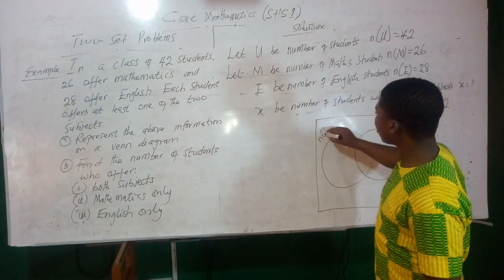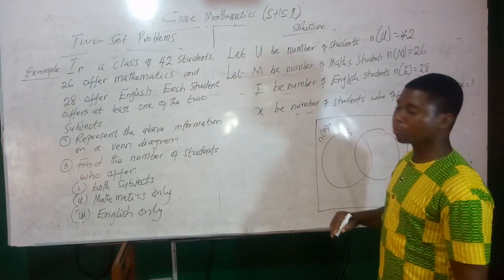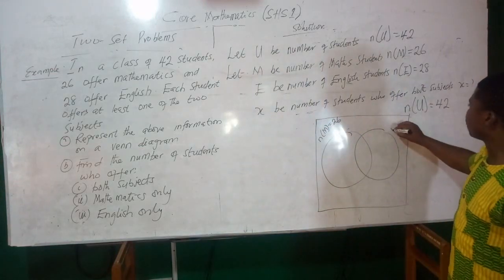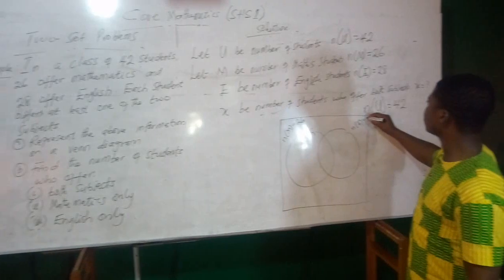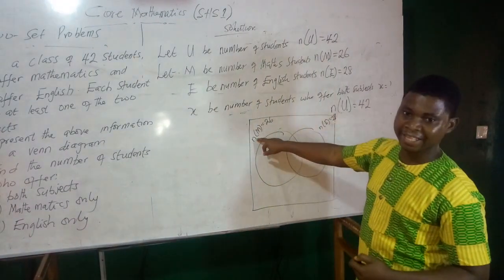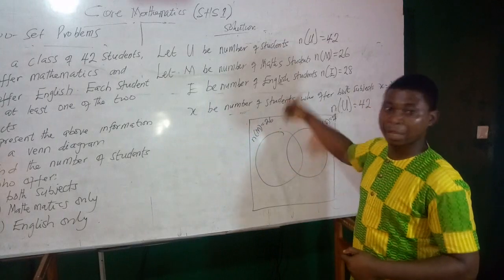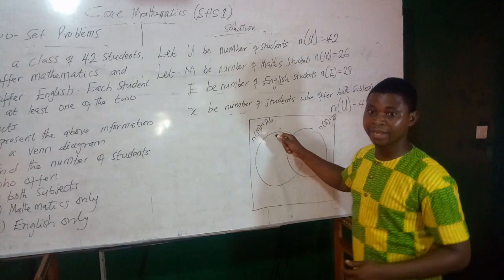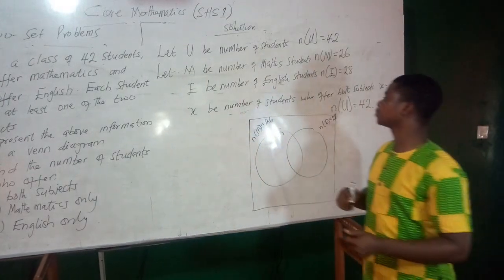The number of students who offer mathematics should also be here, and that is 26. The number who offer English is 28. Please make sure you bring the n, because that tells you that you are dealing with a number. You'll be penalized if you don't bring the n. You should take note of that.